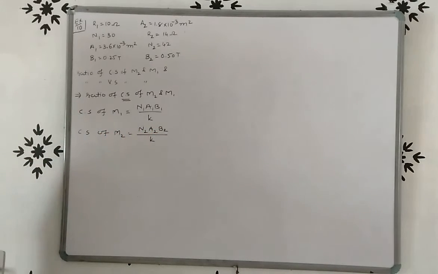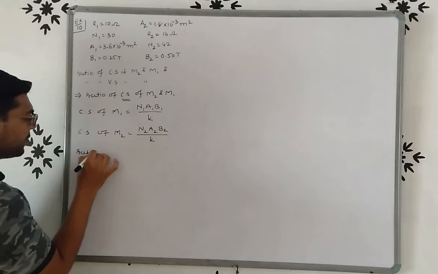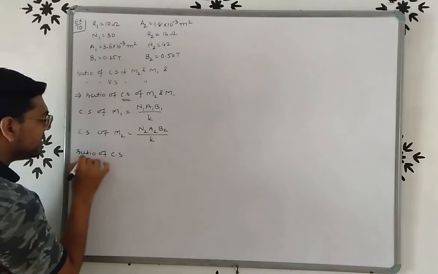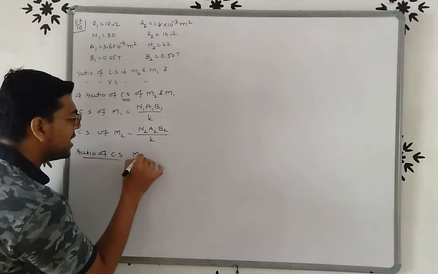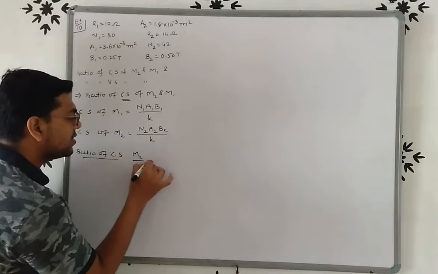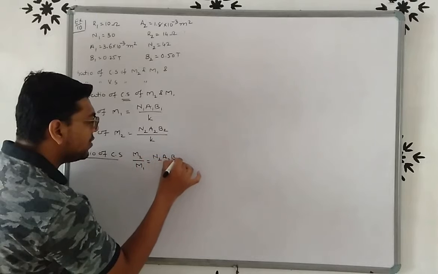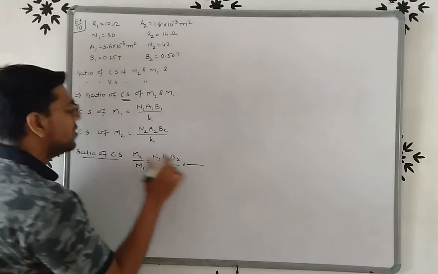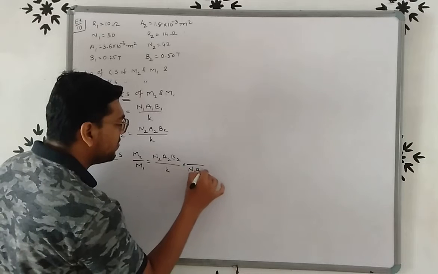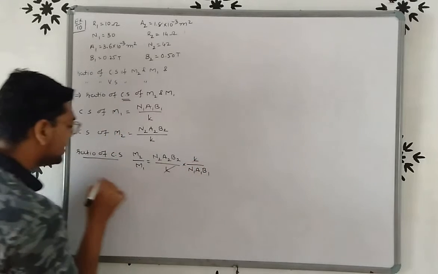We have to find the ratio of current sensitivity, so M2 by M1. The value of M2 is N2 A2 B2 by K, and the value of M1 is N1 A1 B1 divided by K. Here K cancels.